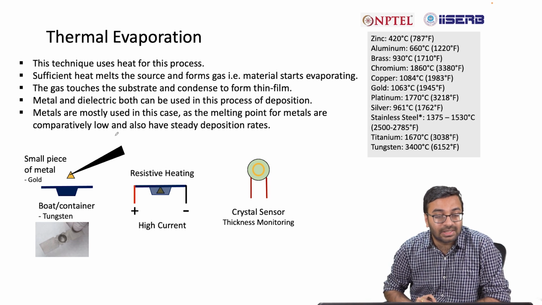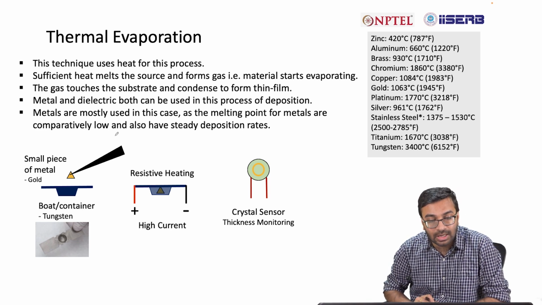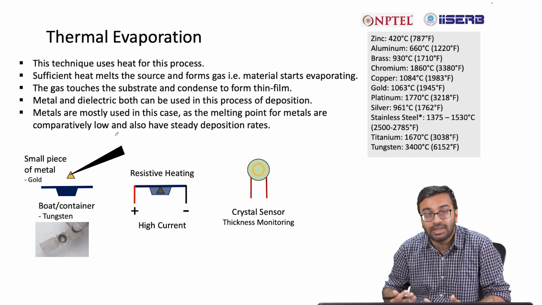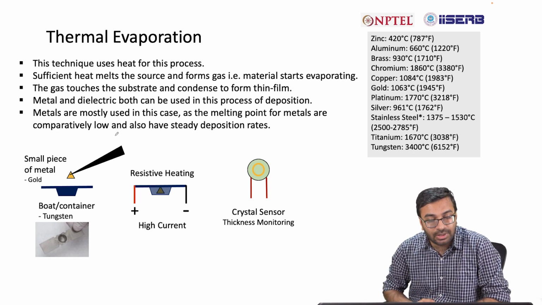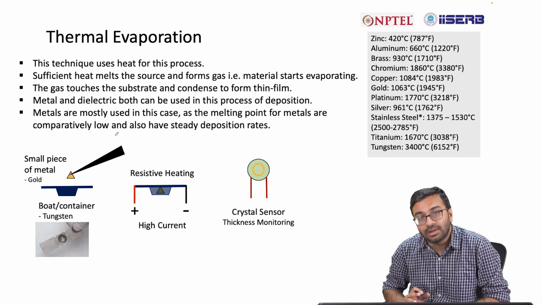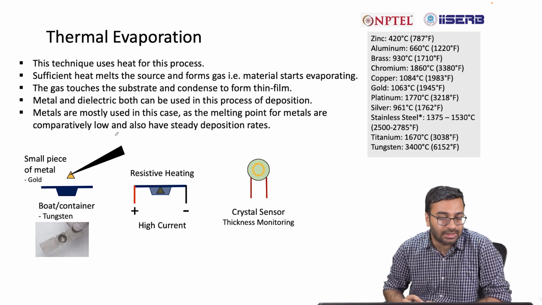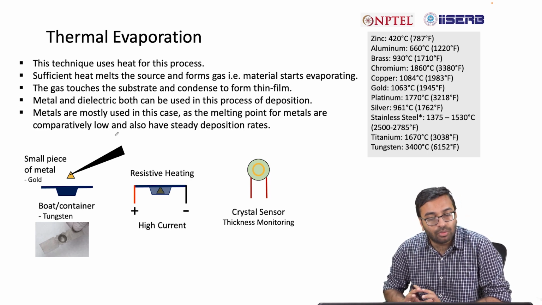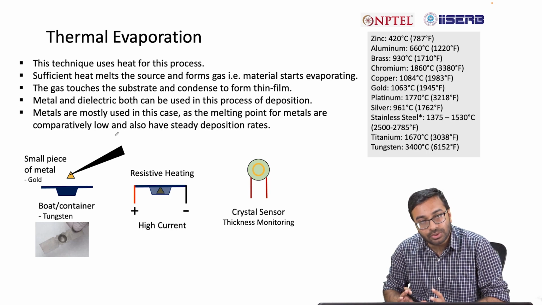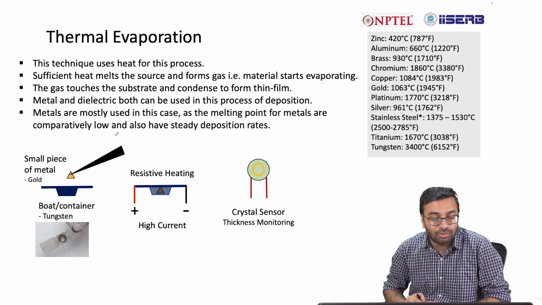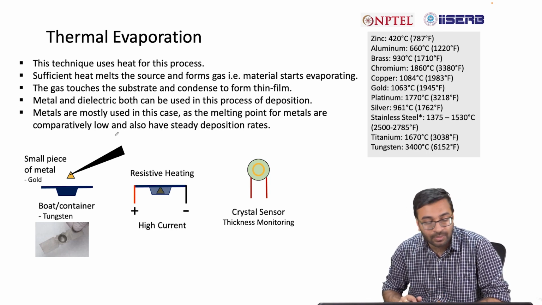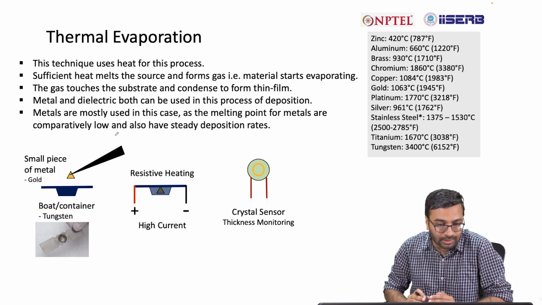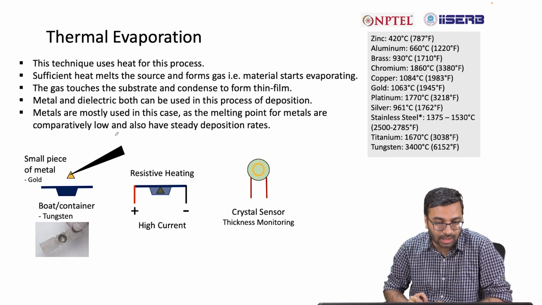Sufficient heat melts the source and forms gas, that is, the material starts evaporating. Then the gas touches the substrate and condenses to form the thin film, as we have discussed previously. Metal and dielectric both can be used in this process for deposition. Metals are mostly used in this case as the melting points of metals are comparatively low and they also have steady deposition rates. So, these are the key pieces of information associated with thermal evaporation.